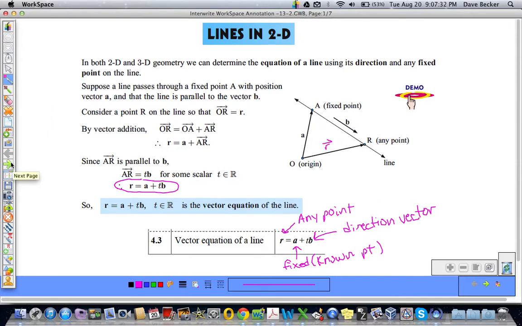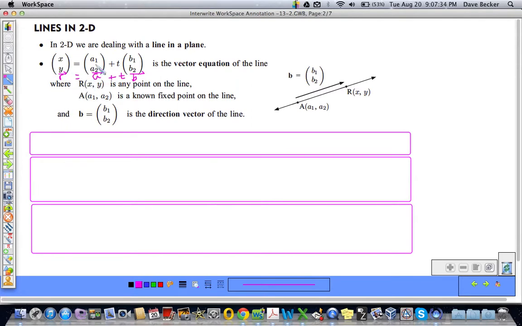So any point on the line, xy, is given by a known point plus some multiple t of the direction that the vector is going. And here they use cap r and cap a just because that's how they labeled it here. R, cap a, and then here's the directional vector b, for this line that they're telling us right here.